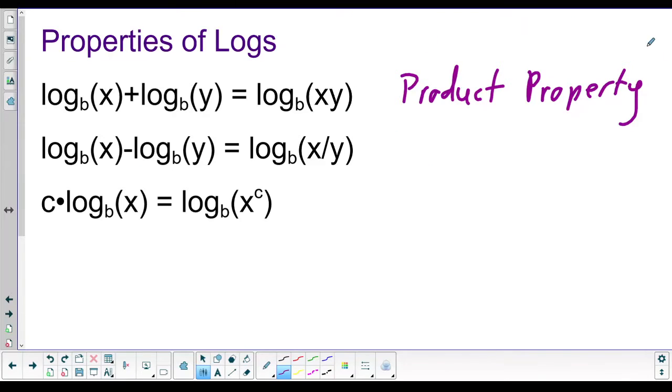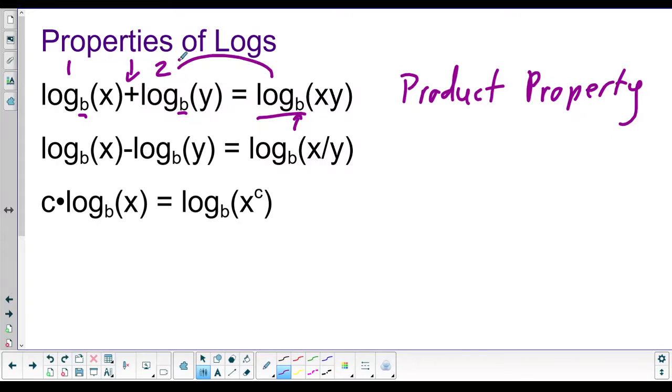What the product property says for logarithms is if we have two logarithms with the same base that are being added together, you are allowed to condense them into a single logarithm with the same base, and you take their arguments, that's the fancy word for the stuff inside the log, and you multiply them together in the new log.